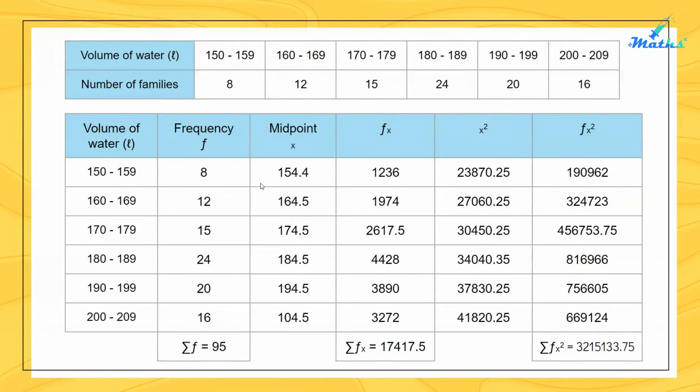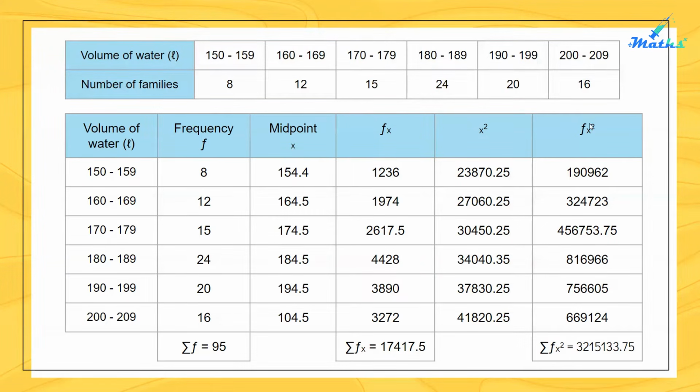So 8 times 154.5 is 1236. And next is 12 times 164.5 and we get 1974. For the x power 2, we take the midpoint and power 2, and we will get the answer.